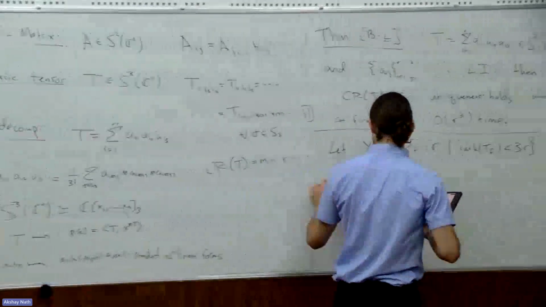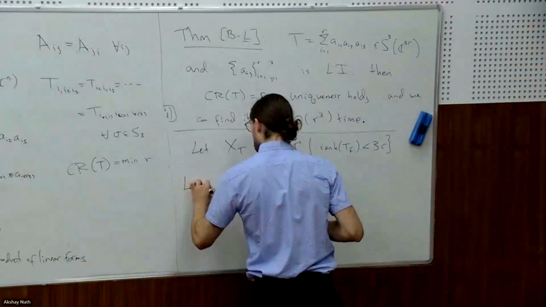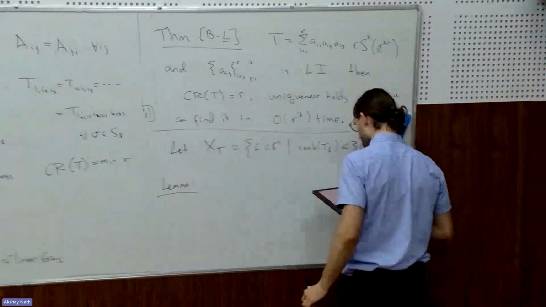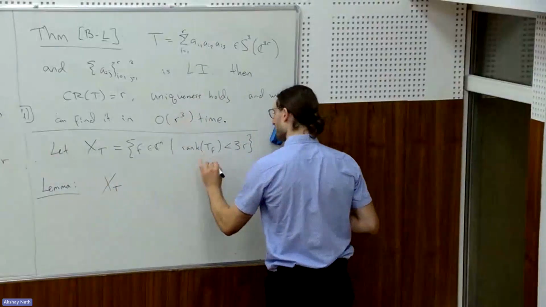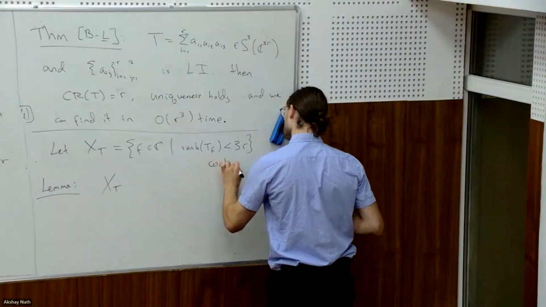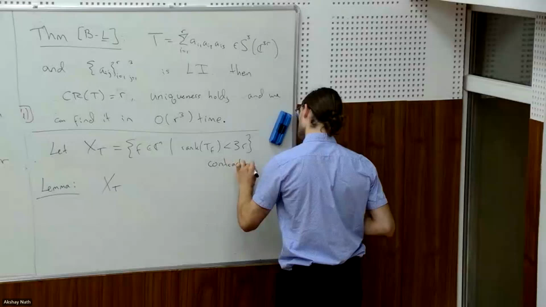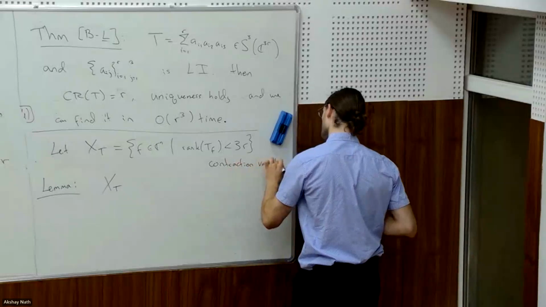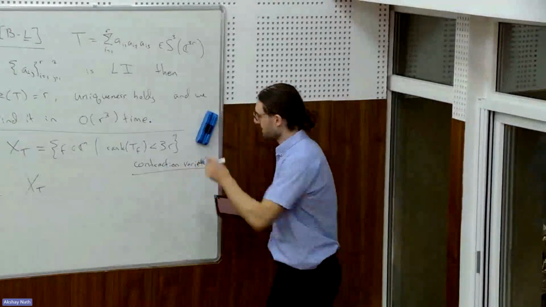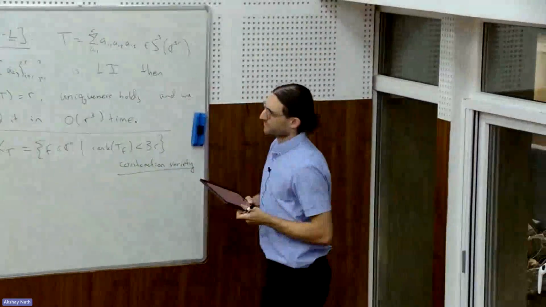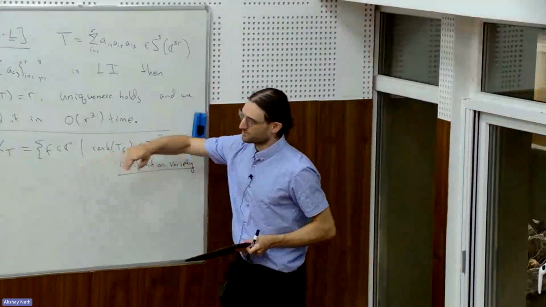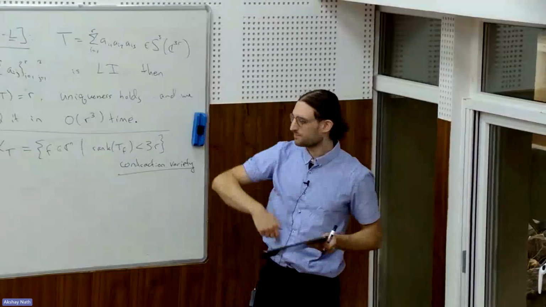And then the lemma that makes this all go is about this contraction variety. From before, in the Jennrich algorithm case, the contraction variety was the union of all these perps, the A_ij perps.